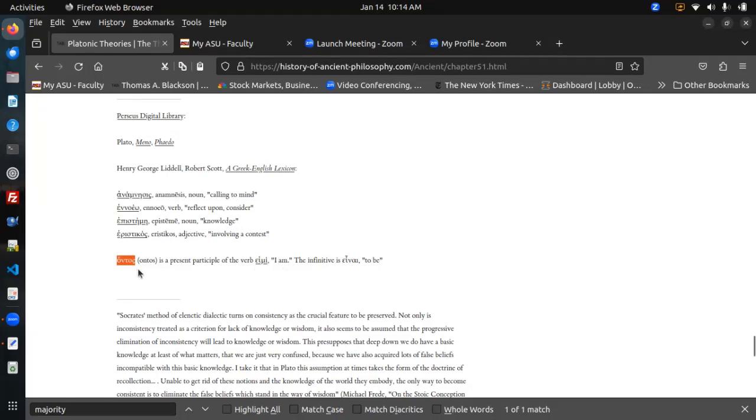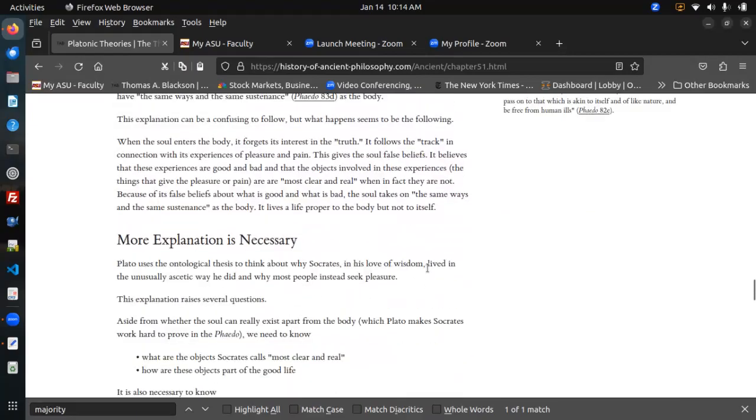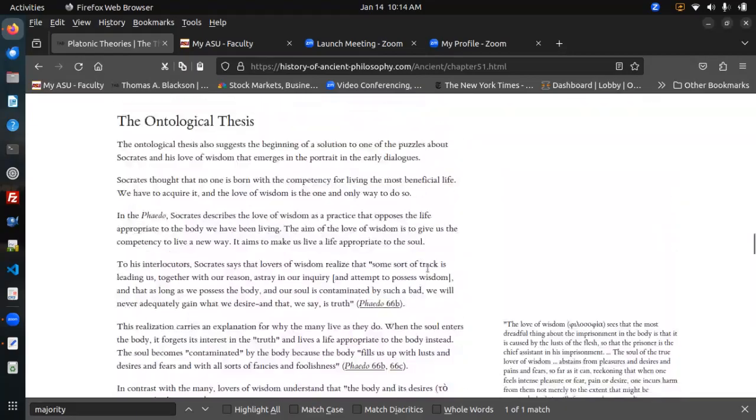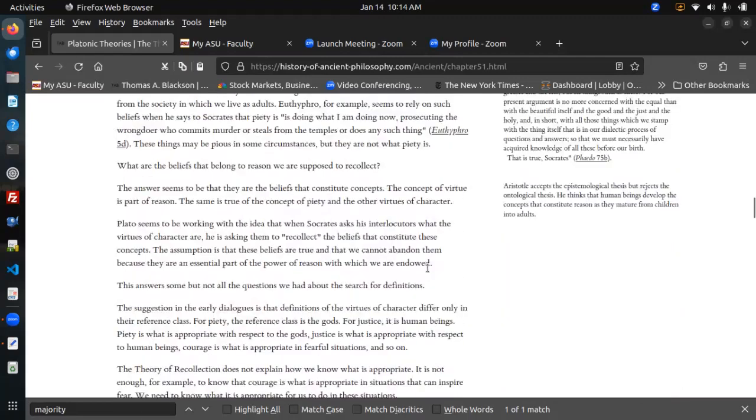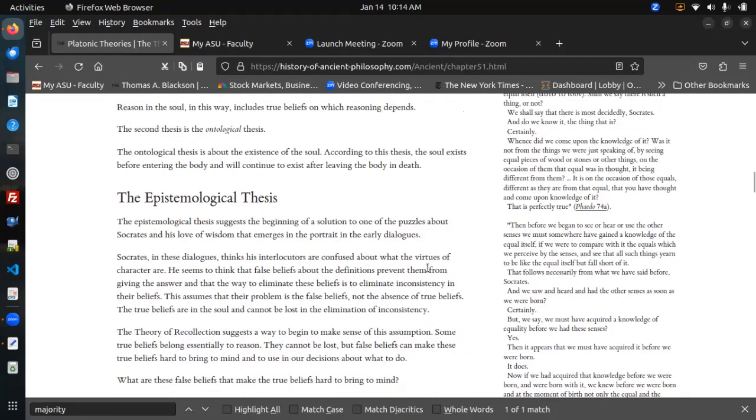And so ontology is words about existence, like epistemology is words about knowledge. And so the ontological thesis is the second thesis in the theory of recollection. We can think of the theory of recollection as a whole as being constituted by these two theses.